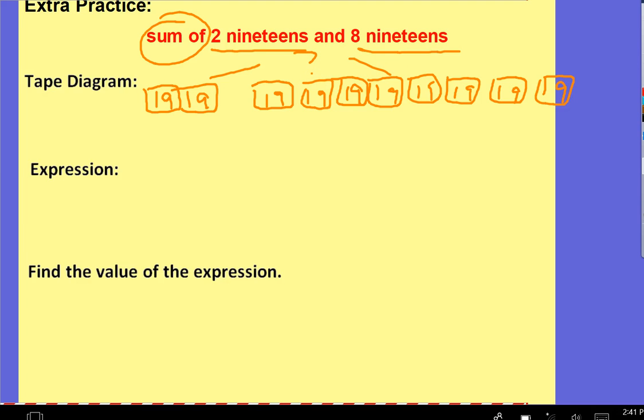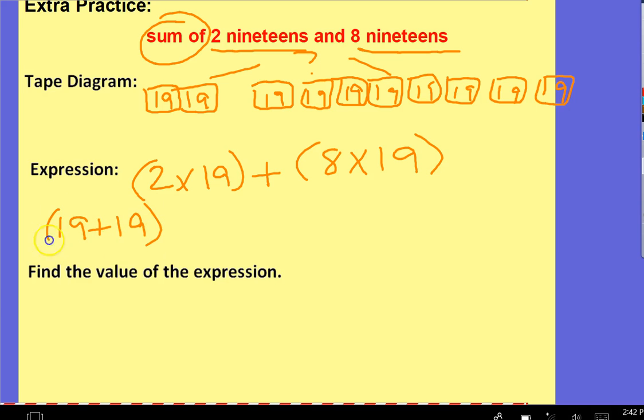So to write an expression for this, I'm going to show that I have 2 19s first. That's 2 times 19. And then I'm adding that to my 8 19s. You'll notice there's another way that I could express this. I could say 19 plus 19 plus 19 plus 19 plus 19 plus 19, all the way until I get to 8 19s.